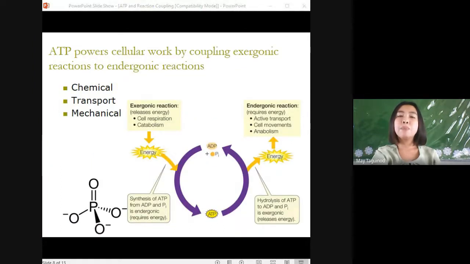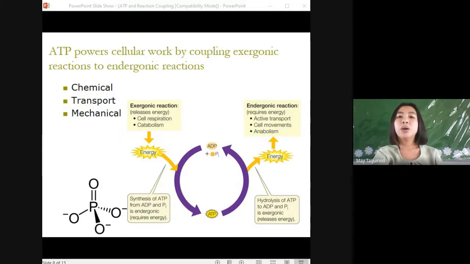ATP powers cellular work by coupling exergonic reactions to endergonic reactions. What is the difference between the two? Exergonic reactions release energy and happen during cell respiration and catabolism, while endergonic reactions require energy and happen mostly during active transport, cell movements, and anabolism.